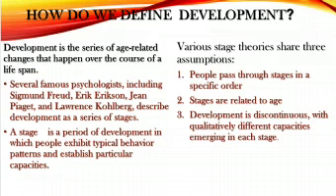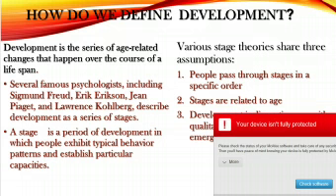And of course, there are several famous psychologists that we study, including Sigmund Freud, Erik Erikson, Jean Piaget, and Lawrence Kohlberg, who describe development as a series of stages, and each of these theories believe that individuals develop in different ways. A stage is a period of development in which people exhibit typical behavior patterns and establish particular capacities.